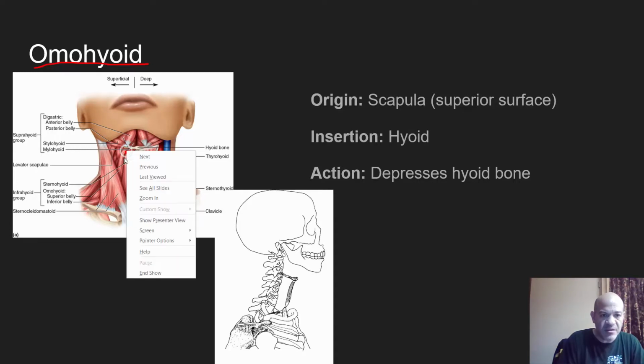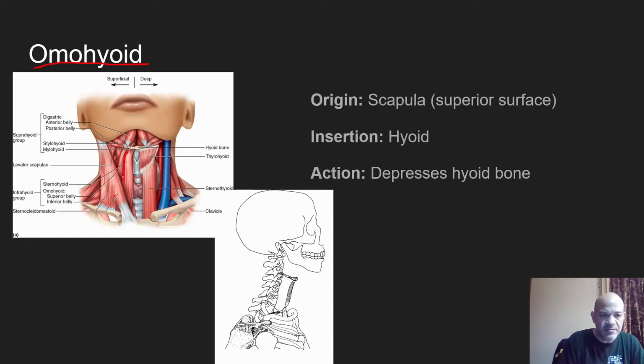So we're talking about this muscle here to the left, and you can see that it starts moving downward, and it gets its name partially because it inserts on the hyoid bone. As it moves downward, it goes behind the sternocleidomastoid, and it's directed backward and attaches onto the scapula, which, if the scapula is fixed, is the origin. So the origin would be the scapula, the superior surface, and the insertion is the hyoid bone.